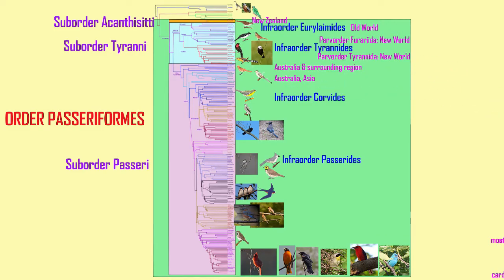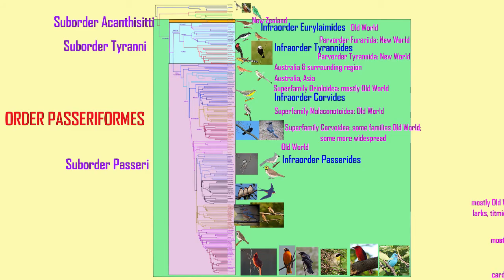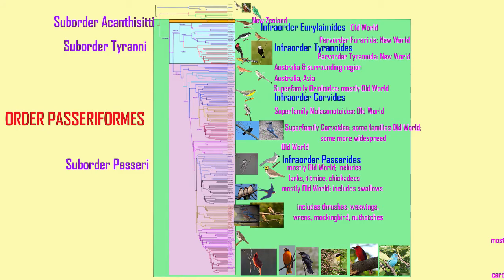And so the majority of the families, we believe, arose in the Miocene epoch, which is very recent. And the relationships between these families given here form this nested hierarchy of relationships.